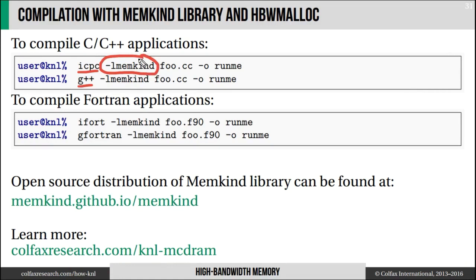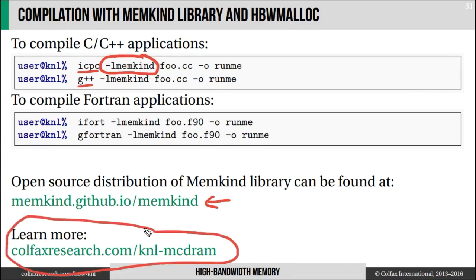The memkind library is open source. It is available on GitHub at this URL. To learn more about using high bandwidth memory in Intel Xeon Phi processors, download this free publication or read online on Colfax Research.